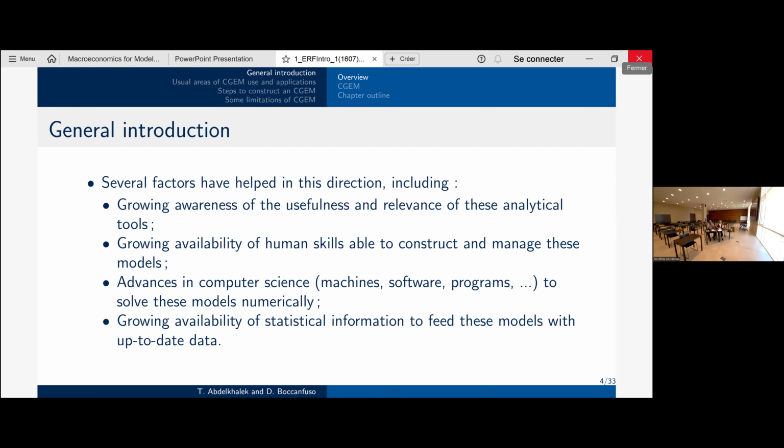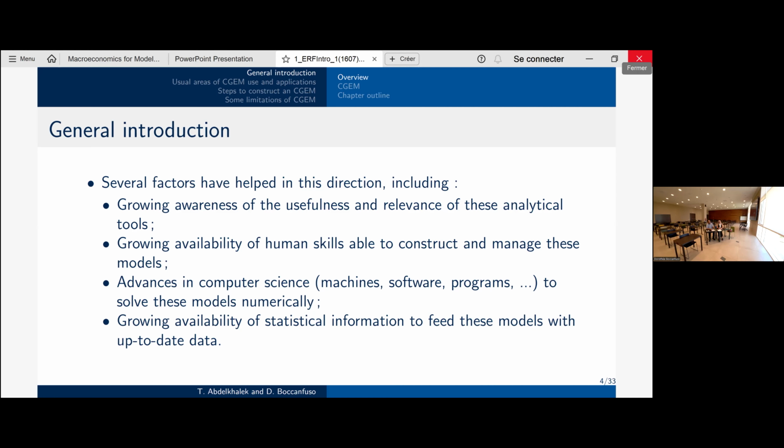The first one is a growing awareness by the policymaker of the usefulness and the relevance of these analytical tools. CGE modeling is now known by the decision maker. And there is a growing availability of human resources in our countries to construct and at least to understand and to manage this model, to participate in the construction and to manage this model.